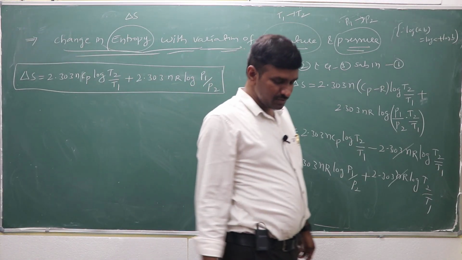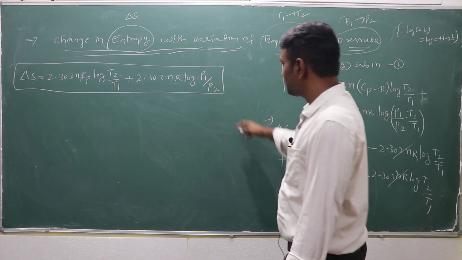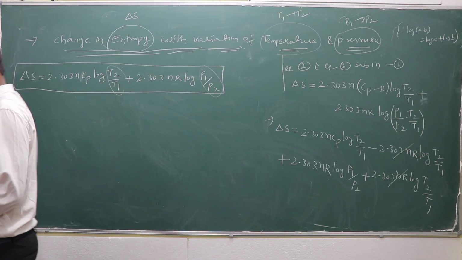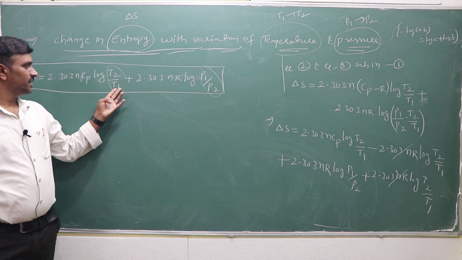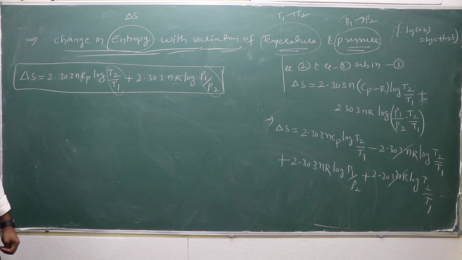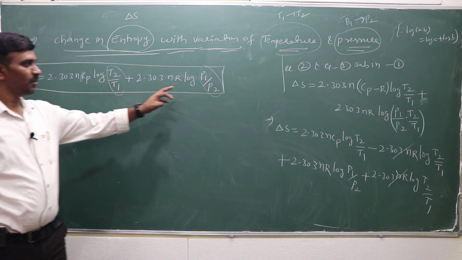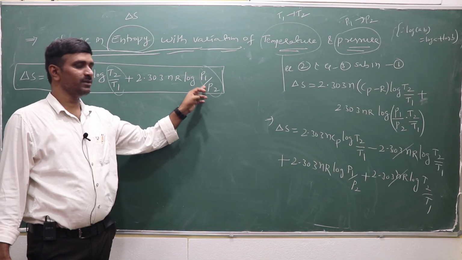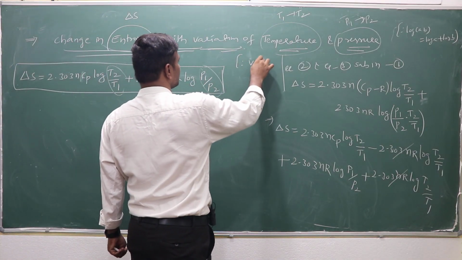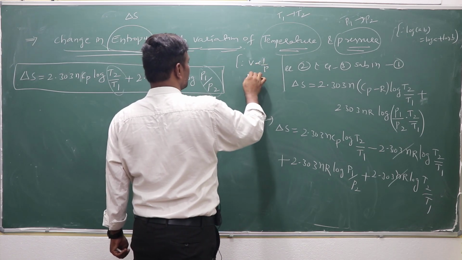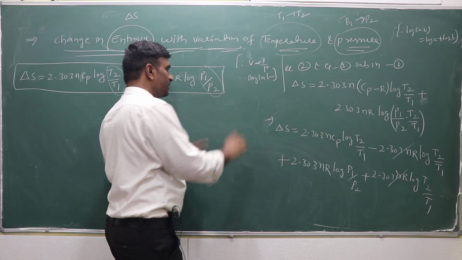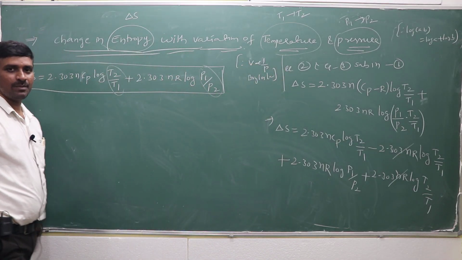So this is the equation for the change in entropy while pressure changes from P1 to P2 and temperature from T1 to T2. In the earlier one it was V2 by V1, but here it is P1 by P2. According to Boyle's law, V is inversely proportional to P, so volume is V2 by V1 and pressure is P1 by P2.